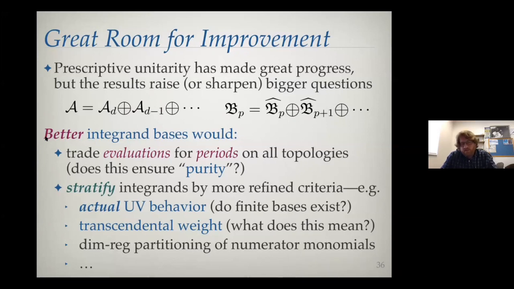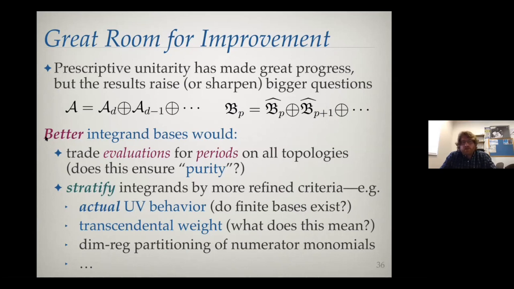The easiest example of this would be to take the bubble integral in 4D. It integrates to 1 over epsilon plus a log plus the number 2. And I don't know of any way to add a loop dependent numerator to that integrand to get rid of that 2. And so it's clear that in just dimreg straight up, your integrand basis won't be uniform in transcendental weight.